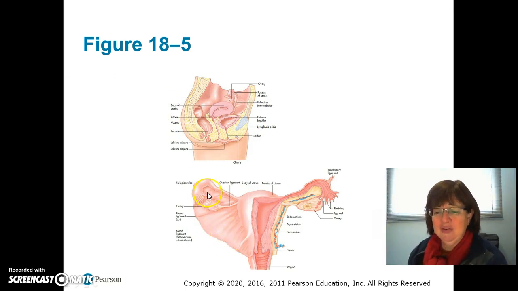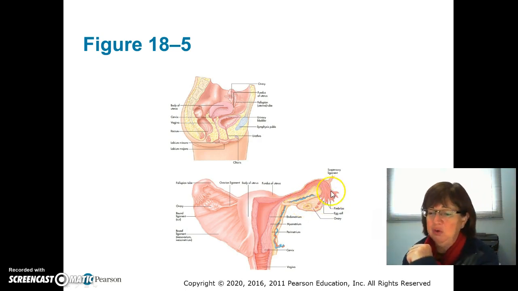Notice that the ovaries are quite strongly bound to the side, but there is still an opening. They're not actually continuous with one another. In the ovaries is where the egg will develop, and the developing egg is called a follicle.